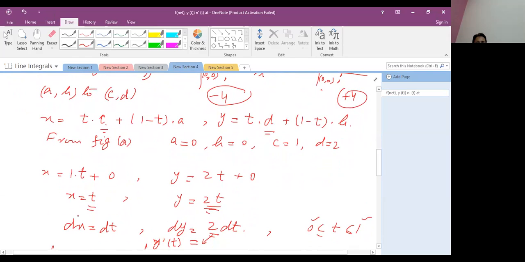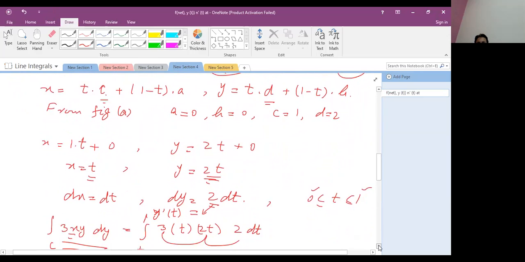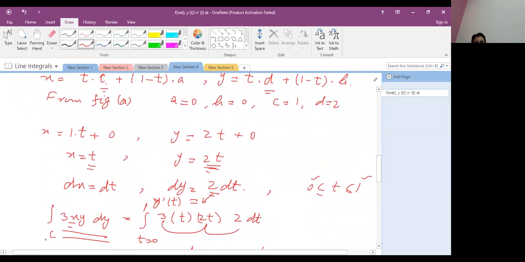If you find the derivative with respect to t, dx is dt, and dy is 2 times dt. After that, we find the line integral of 3xy dy. We convert the whole function into parametric form. X is t and y is 2t.